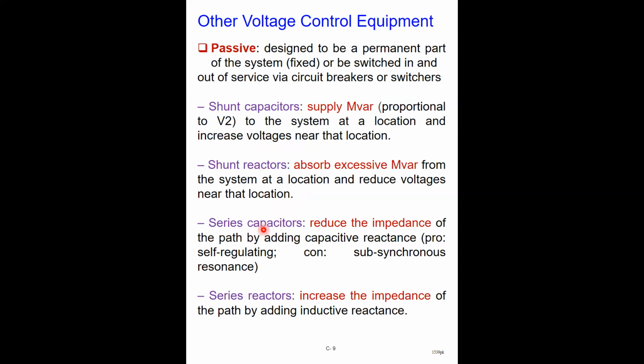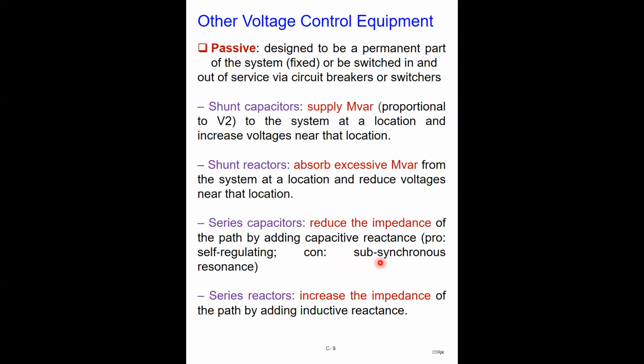Next one is the series capacitor. It can reduce the reactance of the line, right? They can be self-regulating, but a disadvantage in some cases is that they can result in subsynchronous resonance. We have not discussed this, but maybe later we can discuss that.